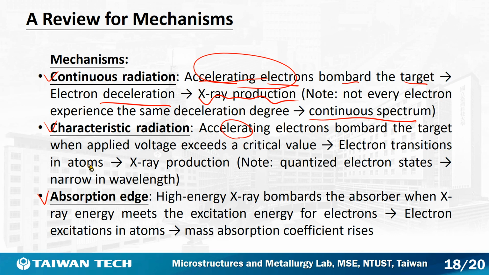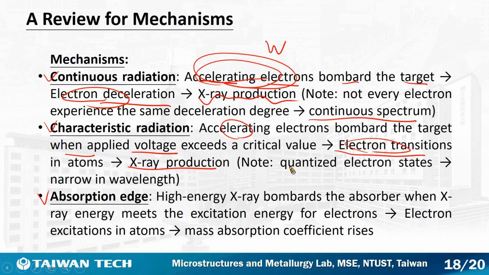But if we have a high enough voltage, it will also induce electron transitions in the target. But this electron deceleration is for the input, this is our input, right? From the tungsten filament.